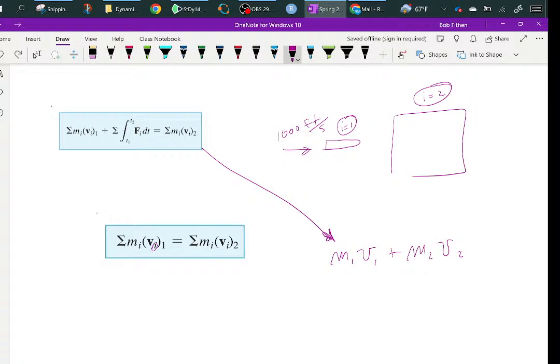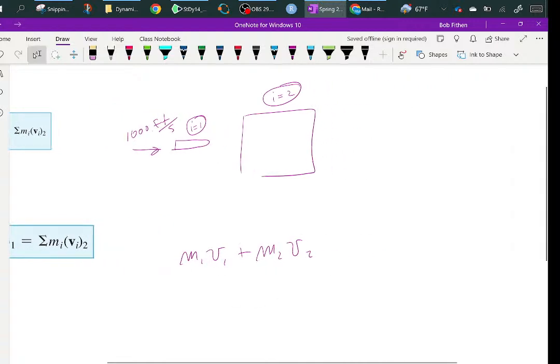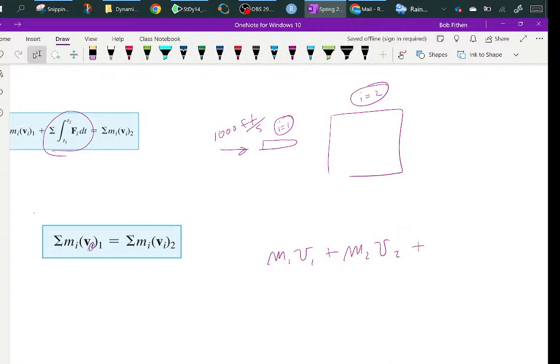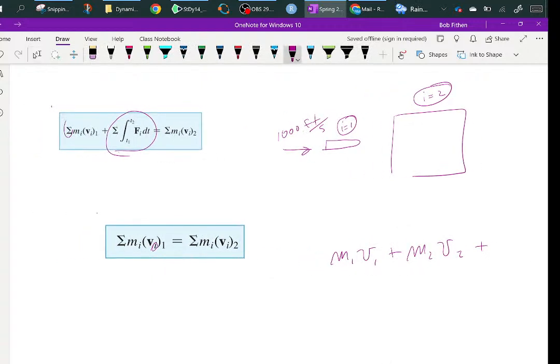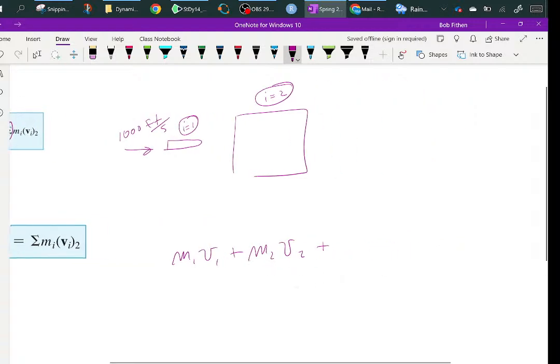Again, this comes from that summation. Now, we actually have this. So what I'm doing here is executing the summation and writing this out.